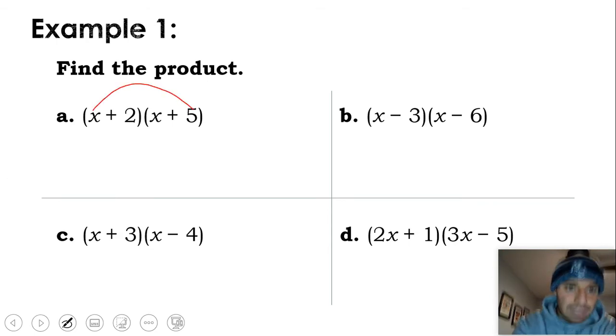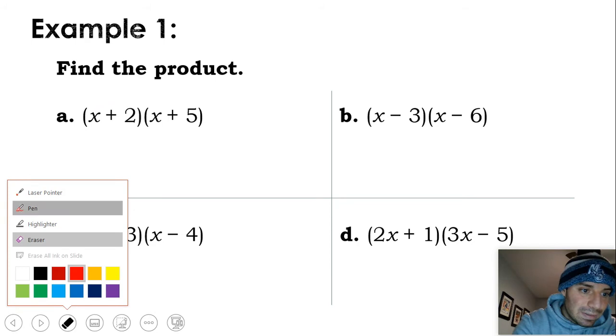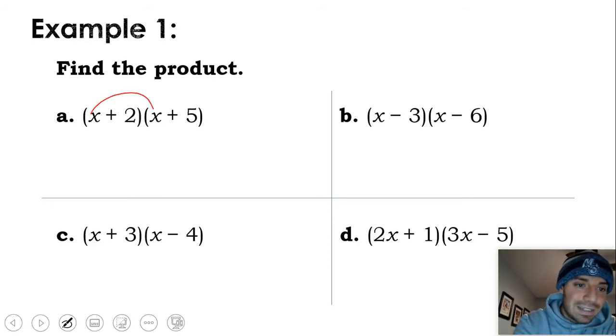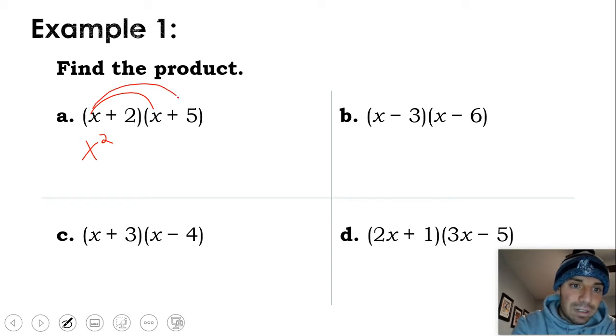First, x times 5 is going to get me, sorry, that's not first, that's the outsides. First, x times x is going to get me x squared. Outers, x times 5 is going to get me a 5x. Inners, 2 times x is going to get me a 2x. And last, 2 times 5 is going to get me 10.